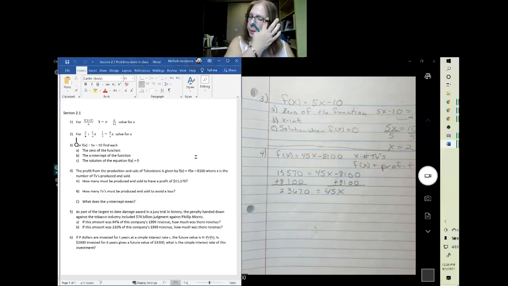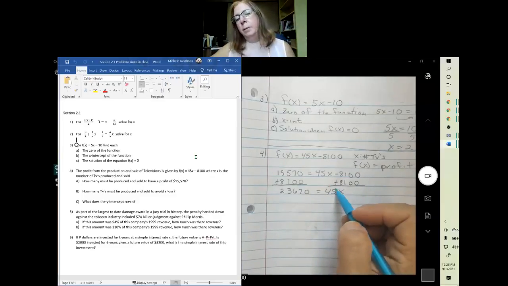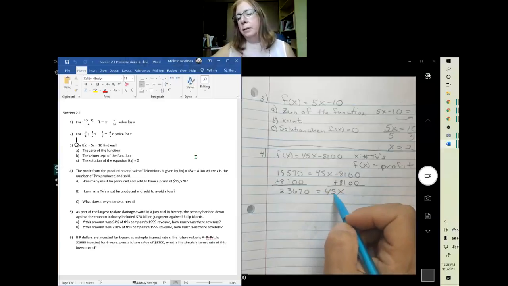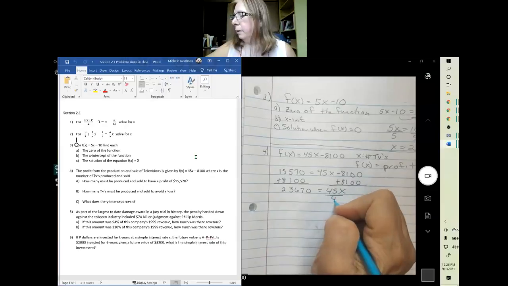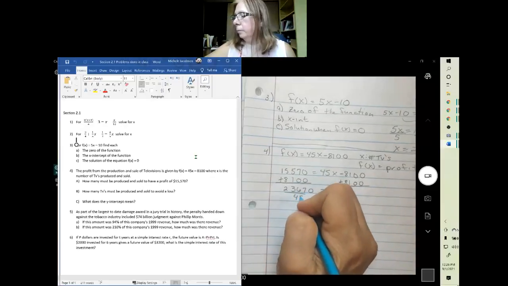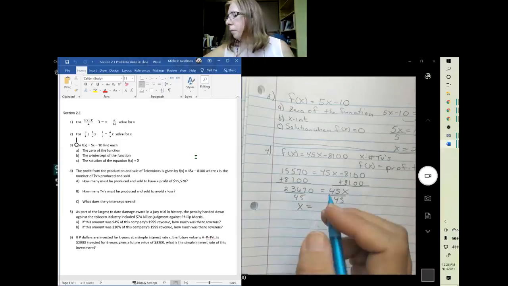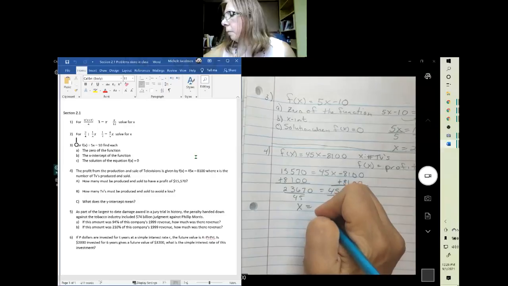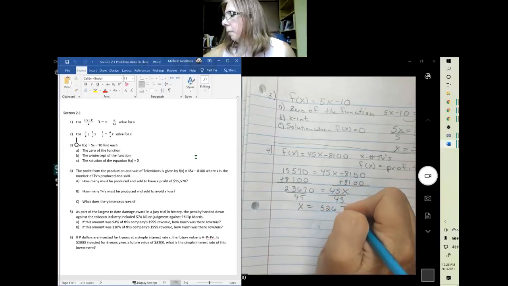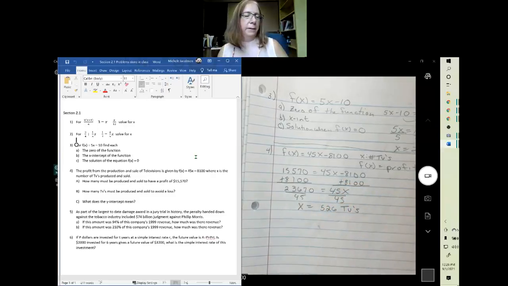So when we combine them, we get 23,670. Then we need to get rid of the 45 to get x by itself. Since this is multiplied, we divide. Did everyone get 526?